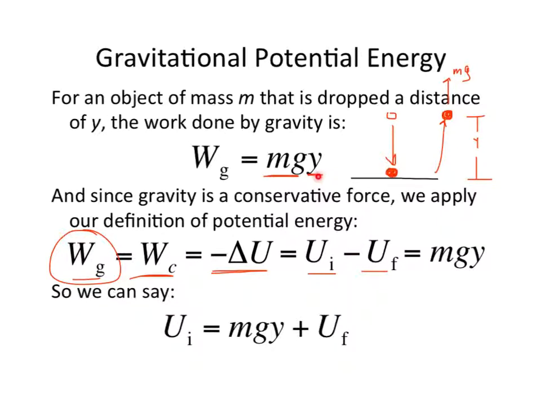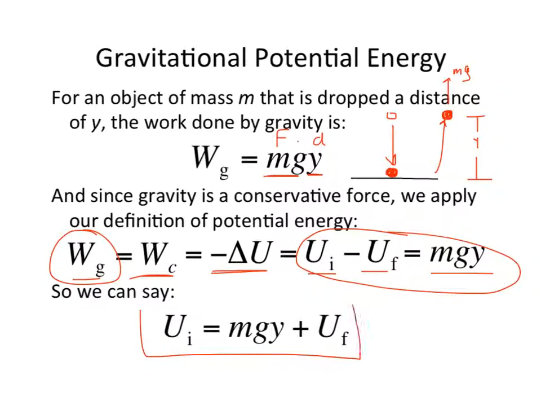Force times distance. Here's our force right there. There's our distance that it moves through. So mgy, or some people say mgh, h being for height. You could use either, honestly. But this right here, this negative change in potential energy equaling mgy, that's going to be our statement down here at the bottom that describes how we calculate potential energy.